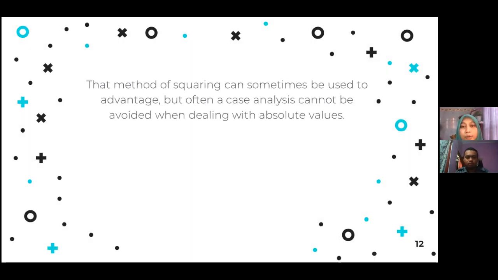That method of squaring can sometimes be used to advantage, but often a case analysis cannot be avoided when dealing with absolute values.